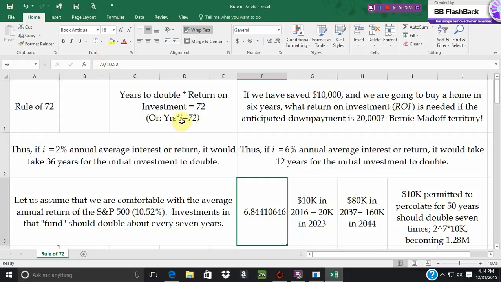If we move this I over to the other side, we divide 72 by I, that's going to tell us how many years it takes to double. Here it goes. It tells us 6.844 years. Let's round that up to 7. That's a little more conservative result.